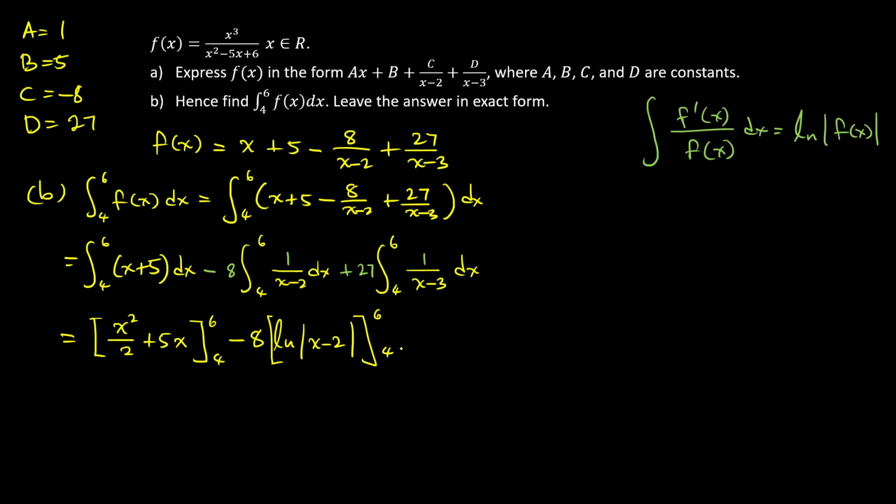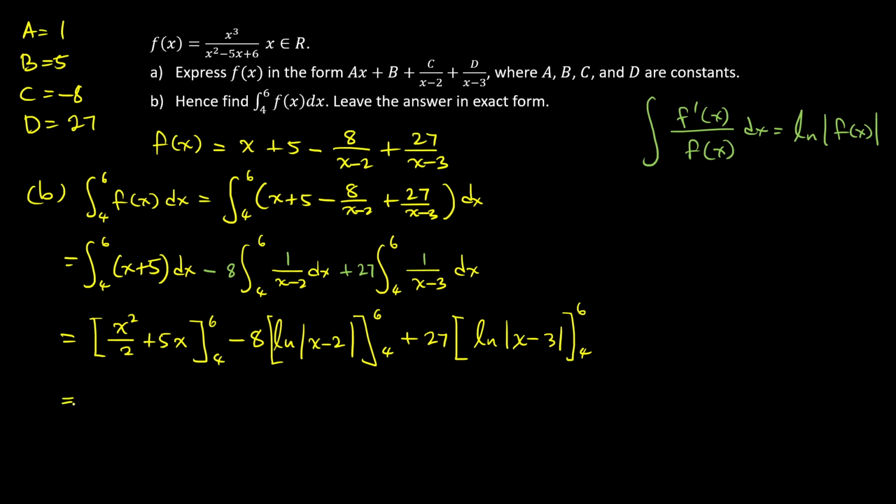So now that is plus 27 natural log of the absolute value of x minus 3, between 6 and 4. All right, now let's put in the values of 6 and 4 to solve it.